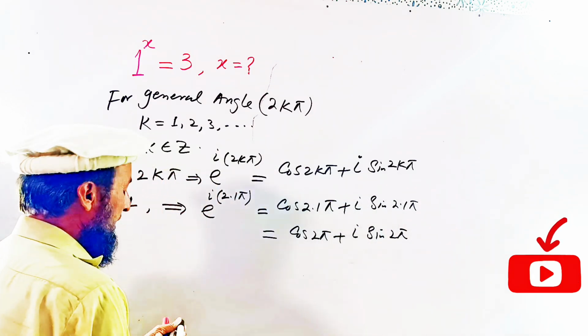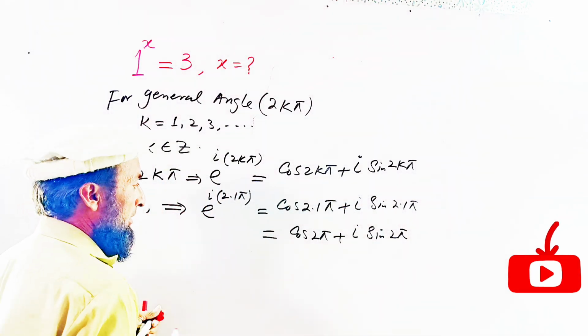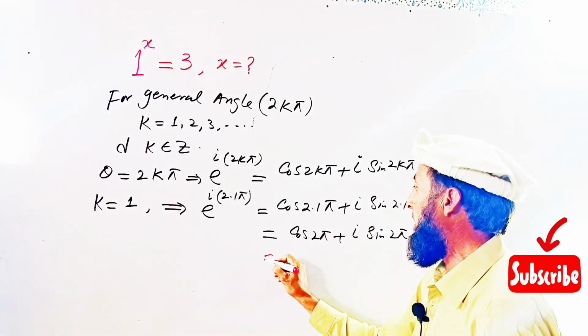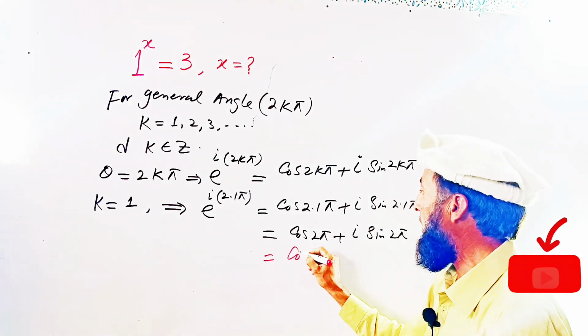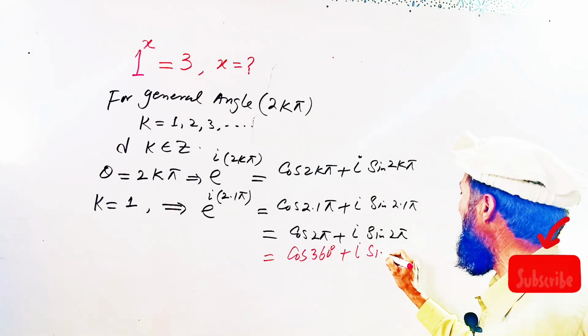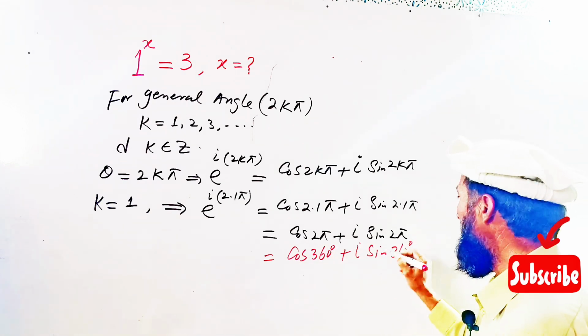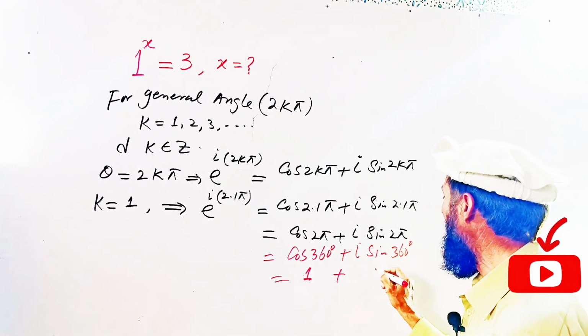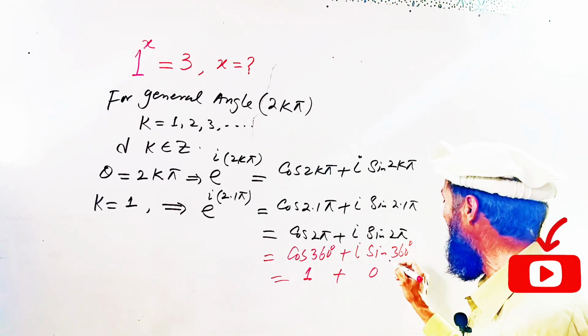As we know, cos 2 pi means cos 360 degrees, so we can also write cos 360 degrees plus iota sin 360 degrees. The result is equal to 1 plus 0, since sin 360 is equal to 0.